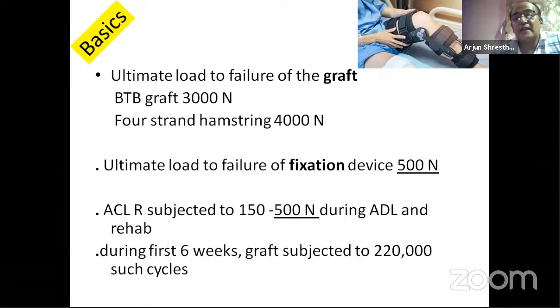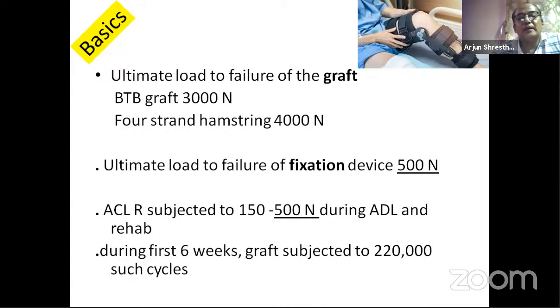The 4-strand hamstring can bear a much larger force, 4,000 Newton. So it is said that the 4-strand hamstring is much stronger than the BTB graft. And in the fixation interface, only 500 Newton is needed to cause failure of the fixation. So a much smaller force can cause failure of the fixation.